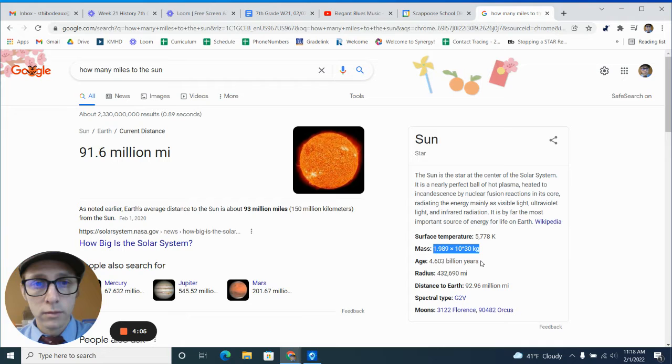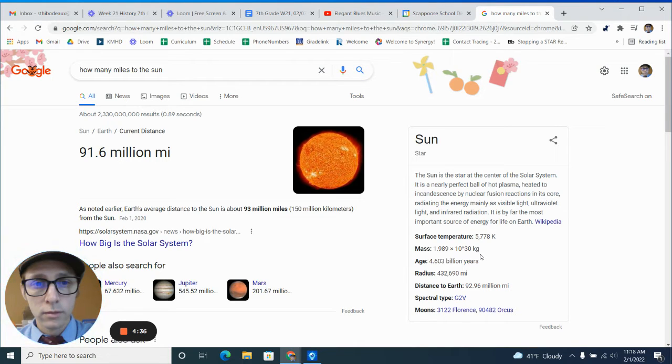Technically, there's a Google, too, that I think everyone knows, though I don't know if you know that Google is actually a number. It's a really, really crazy big number. It's 10 to the 100th. In any case, 1.989 times 10 to the 30 kilograms.